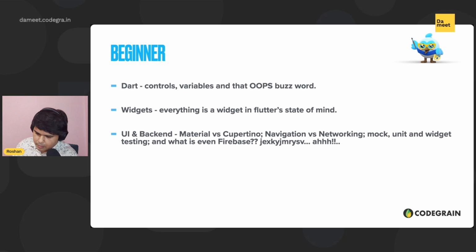If you are someone coming from a mobile dev background, I'm sure you understand how classes work if you have used something like TypeScript, or maybe Java. But that again has a couple of variances in how the controls and variables work, and how those OOPS concepts can be used over here. A different set of semantics for sure.